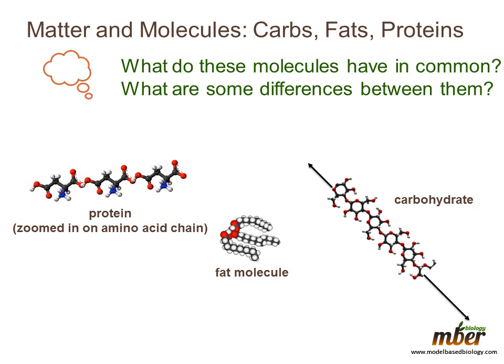Carbs, fats, proteins. What do these molecules have in common, and what are some differences between them? So again, we're looking at this protein, zooming in on an amino acid chain. Then we've got the fat molecule, and we've got the carbohydrate. So what are some things they have in common, and what are some differences between them?